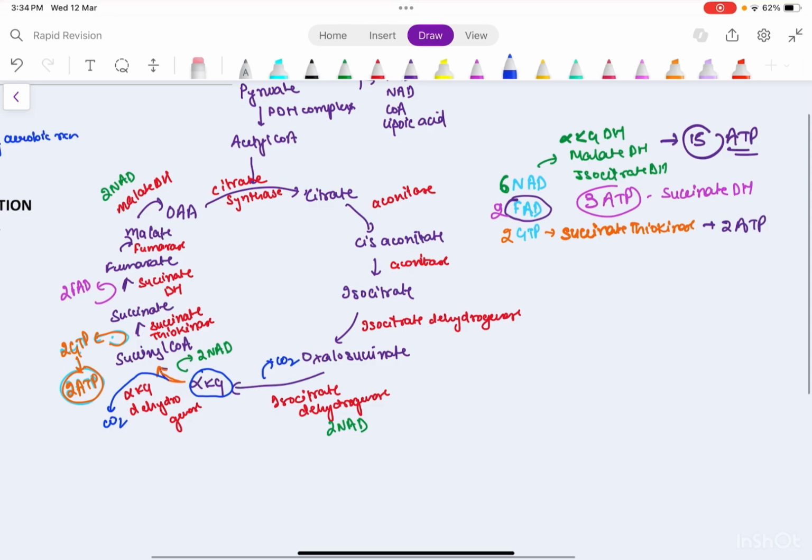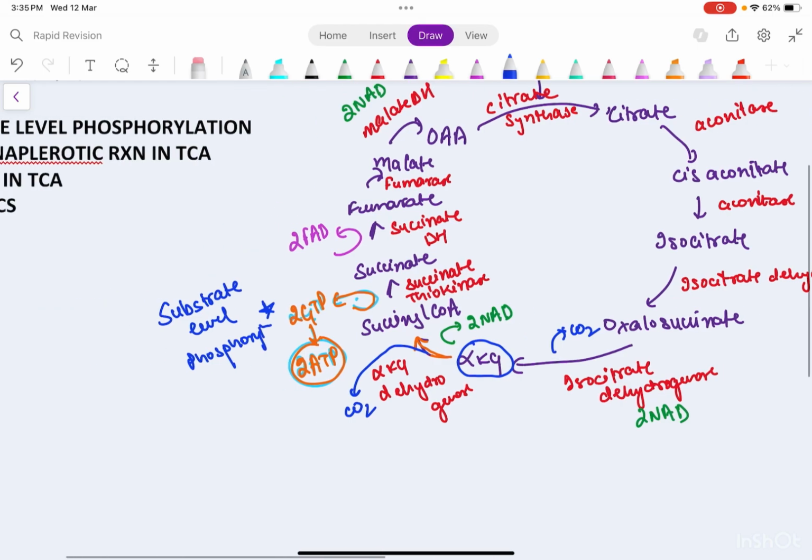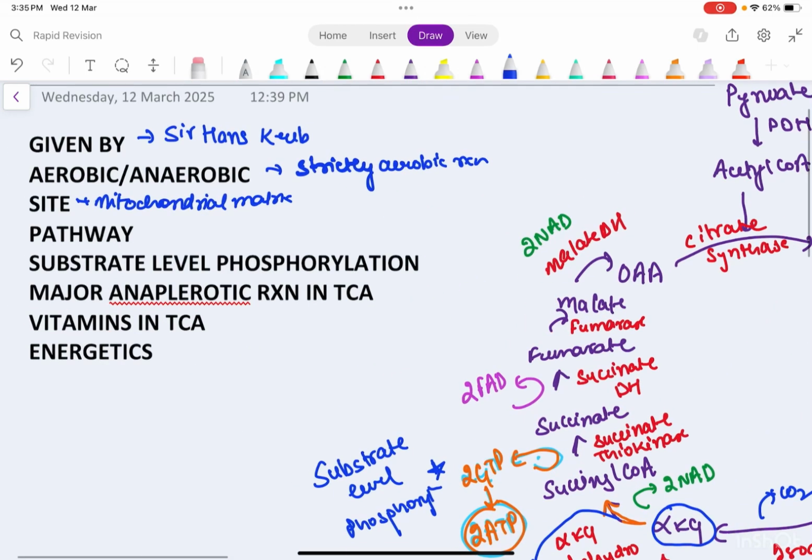Then you have to remember that this step of succinate thiokinase is the example of substrate level phosphorylation. Okay, now pathway we have done. Substrate level phosphorylation is through the succinate thiokinase step.